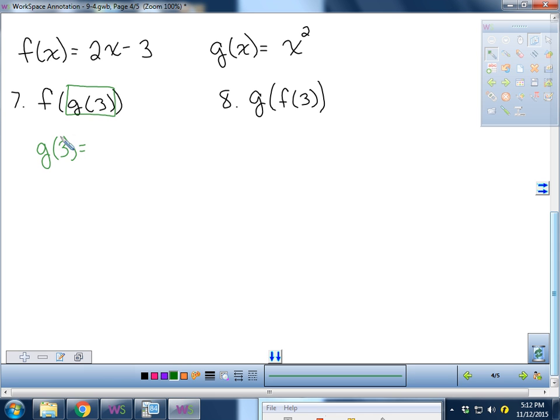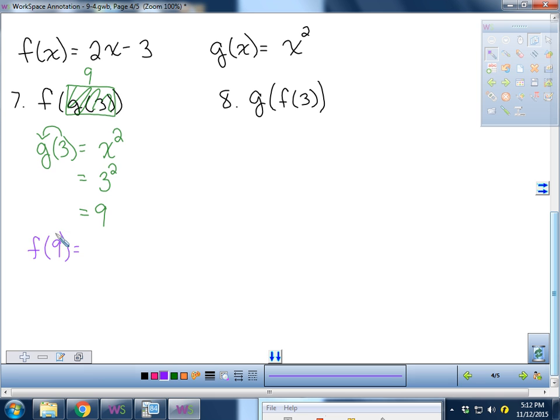All this means is I'm taking 3 and I'm going to plug it into the g of x function for the x. So g of x is x squared. I plug in 3. 3 squared is 9. So instead of saying g of 3, I just replace that with a 9. Now I am trying to find f of 9.